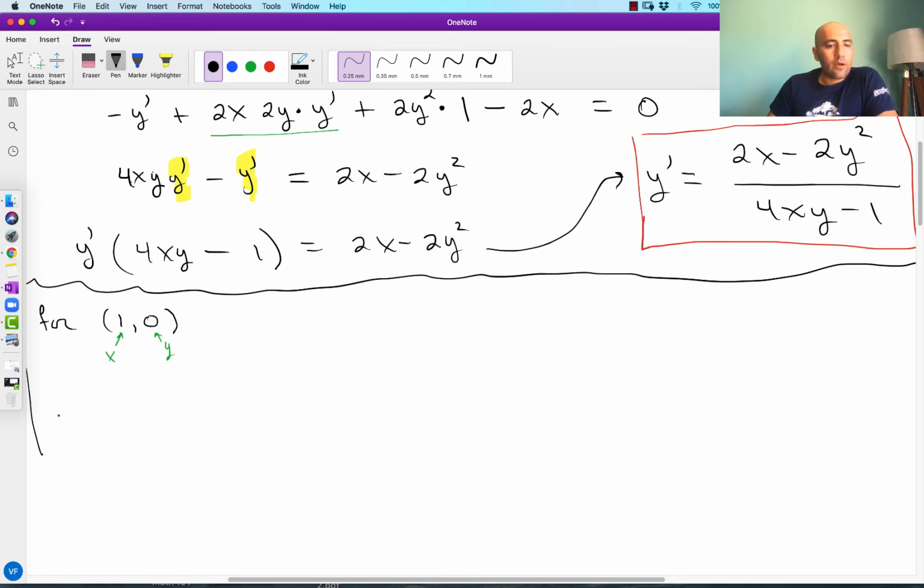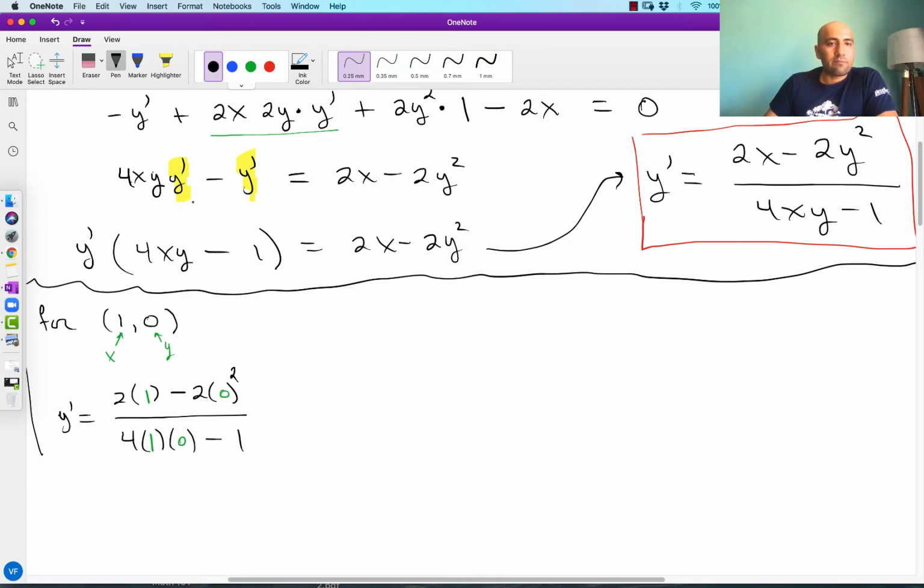So y prime is equal to 2 times blank minus 2 times blank squared all over 4 times blank minus 1. And so the 1 is an x, so x is 1, and then the y is a 0, so 0 there, 0 there.